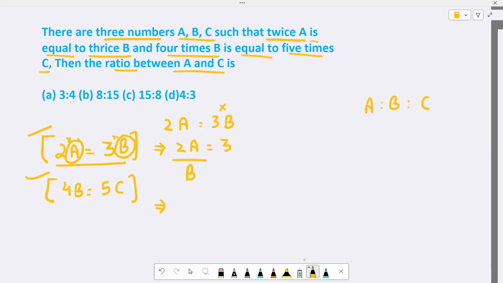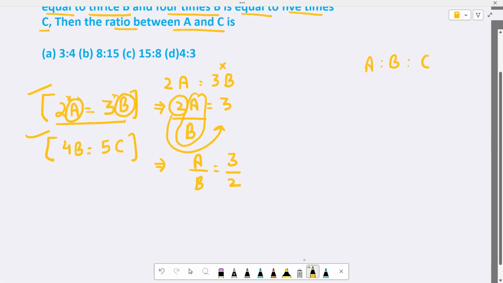Again, when I put this implies sign, I'll just write a upon b and then I have 3. And since 2 is getting multiplied with a upon b, when we shift 2 to the right hand side, it will get divided. Very simple. This just basically means that if a is equal to 3, b will be equal to 2.